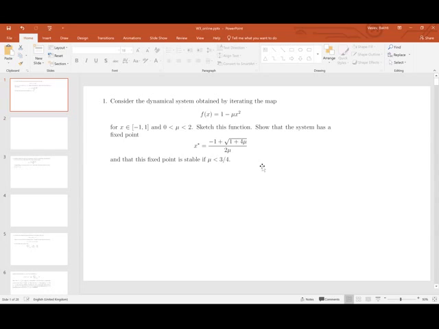So for maps, these are called fixed points. For flows, it will be find stationary points or equilibria. But it is the same problem, finding a fixed point and analyzing its stability. This problem will be met 3 or maybe 4 times in your exam.